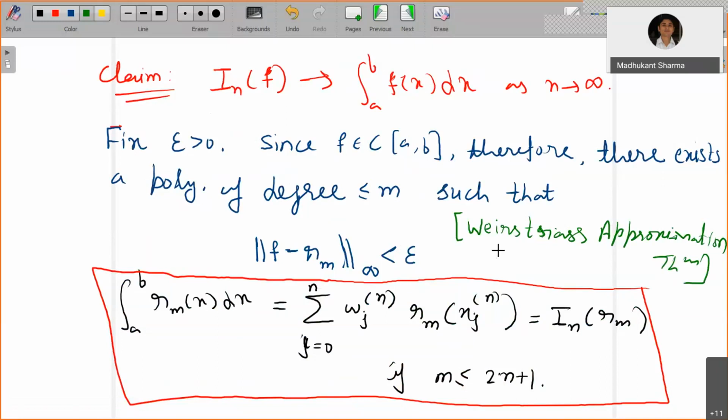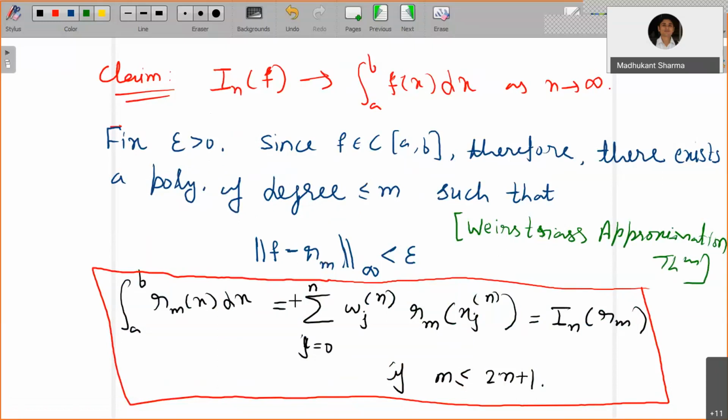So the Weierstrass approximation theorem says that for a given epsilon bigger than 0, you will always be able to find a polynomial, of some degree, let's say less than or equal to m, such that this happens.